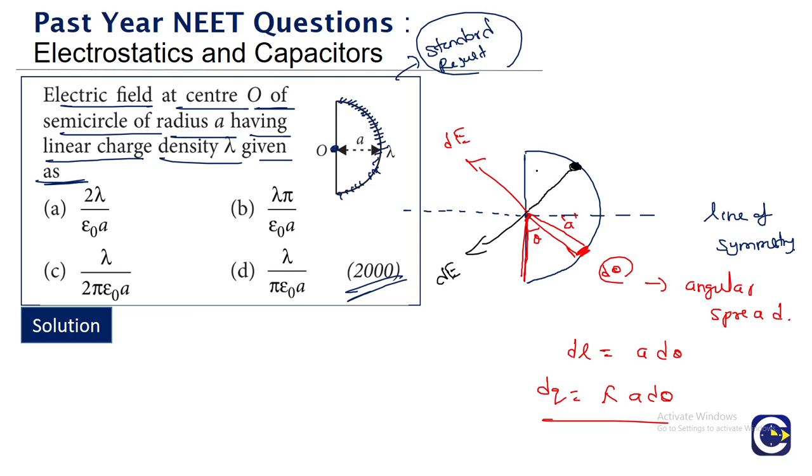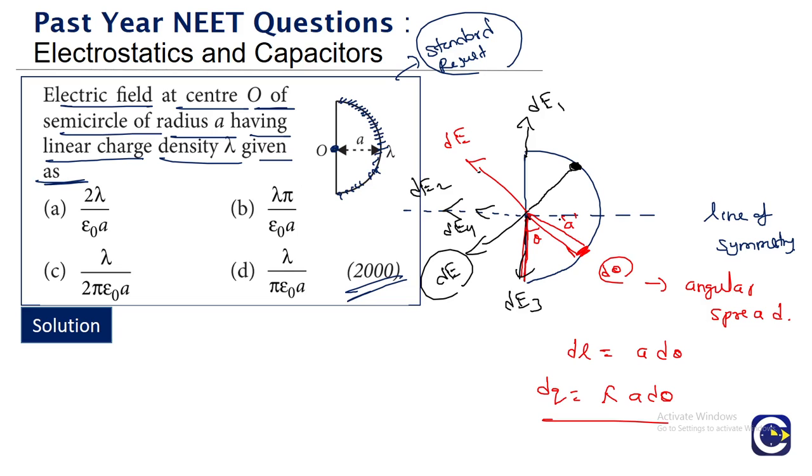So if you take the components, this can be resolved into two components. One component will go like this, let's say we call it DE1. Other component will be DE2. This also we can resolve into components. One component will be this DE3, other component will be DE4.